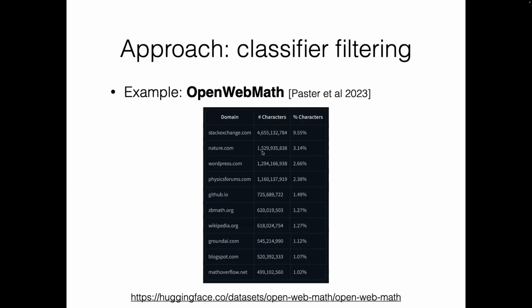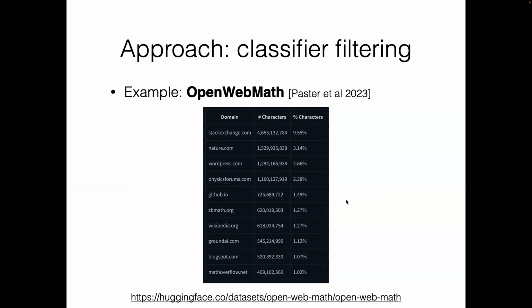Again, there's a paper about it, and it turns out to do some intuitive things. For example, Stack Exchange is the top website. It also picks up on scientific data. You see physicsforums.com, which has a lot of different solutions and things like that.